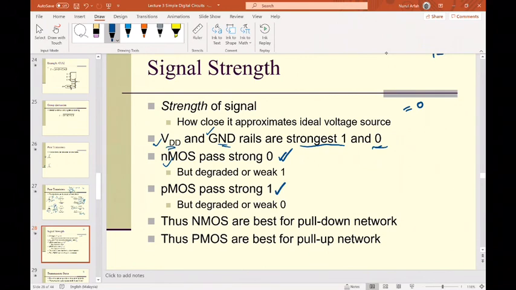If you pass a 1, then you will have a strong 1. If opposite, then you will get a degraded 0. So for NMOS, it is best to have a pull down network. And for PMOS, it should be a pull up network. Okay, PMOS is the upper side, and NMOS is the bottom side.